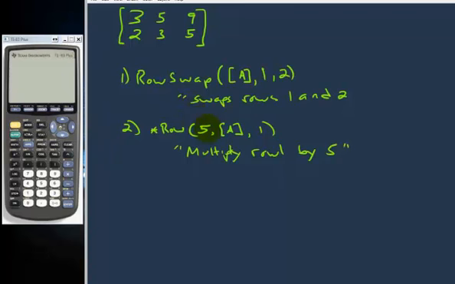So this is the row right here, that's the matrix, and that's what you want to multiply the row by. The third one has a little plus sign, and then row, and in parentheses you say what matrix, matrix A, and what two rows you are going to add. This says add the two rows together, so let's say row 1 and row 2.